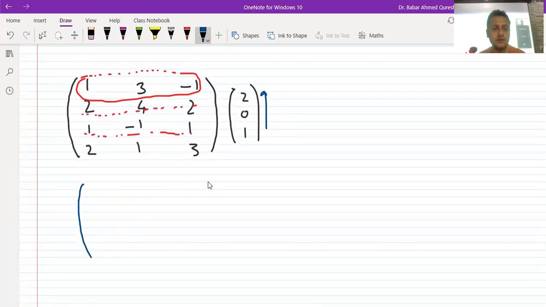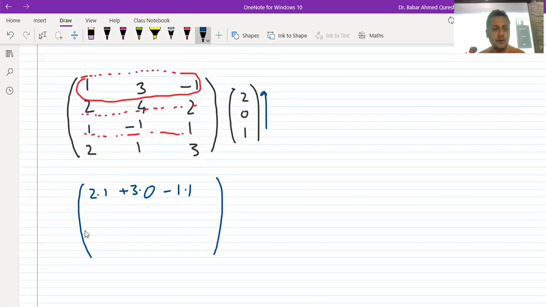So what's the dot product of this row with this? The formula says 2 times 1 plus 3 times 0 minus 1 times 1.